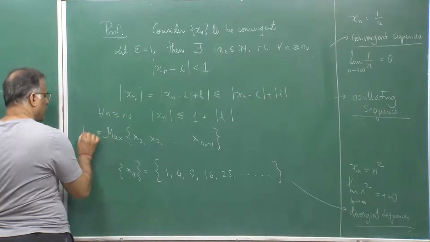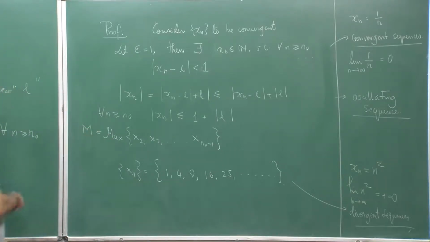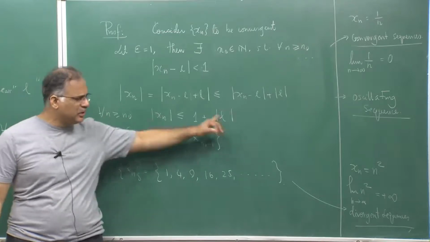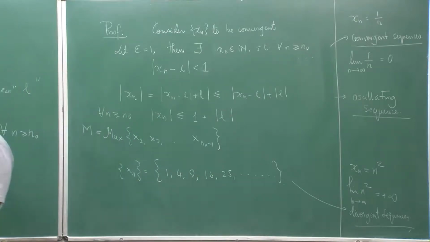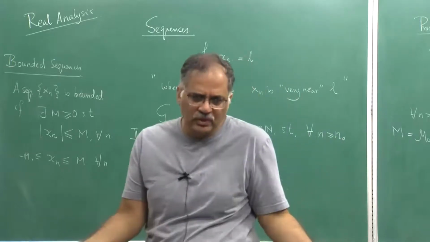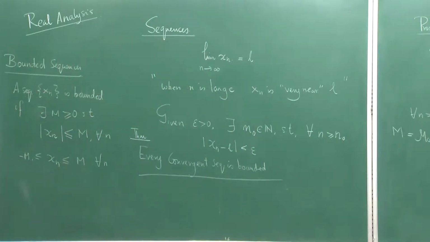So, let this be M. From n naught onwards this is true, it is bounded by 1 plus mod L, because L is a fixed number, this is convergent, you know the limit, this is L. So, this is bounded by this number.